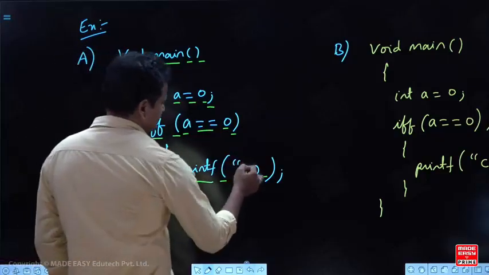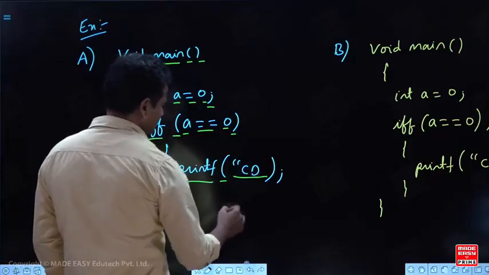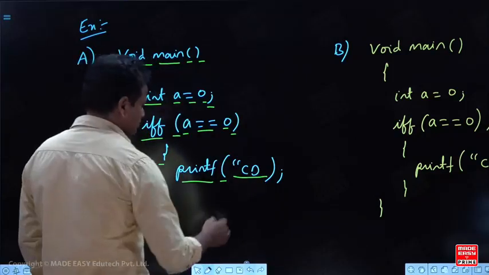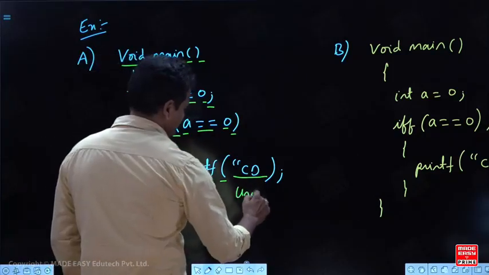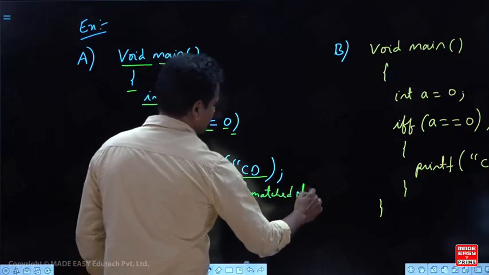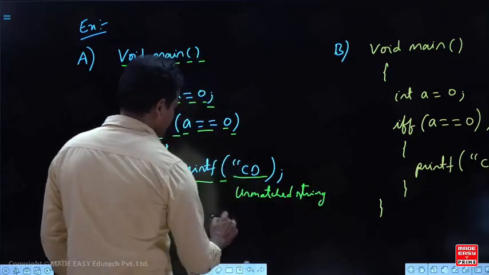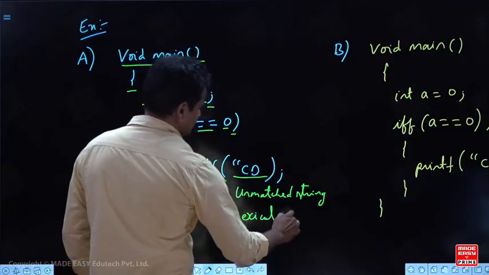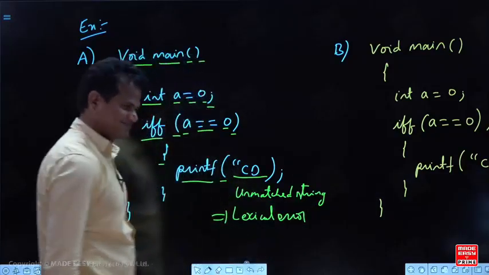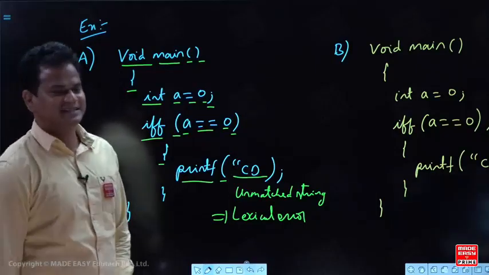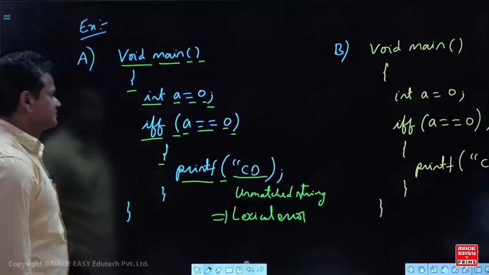Here double quotes is open and there is no closed double quotes. So this is an unmatched string. Are you following? Unmatched string implies lexical error. Okay. Unmatched string, lexical error. Copy this one.